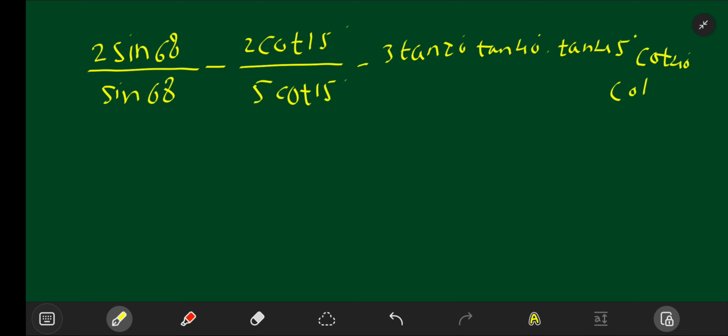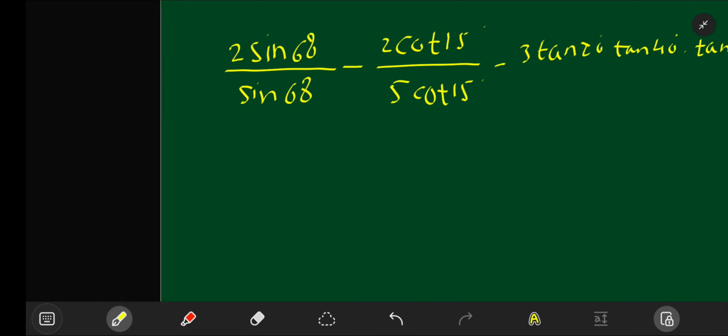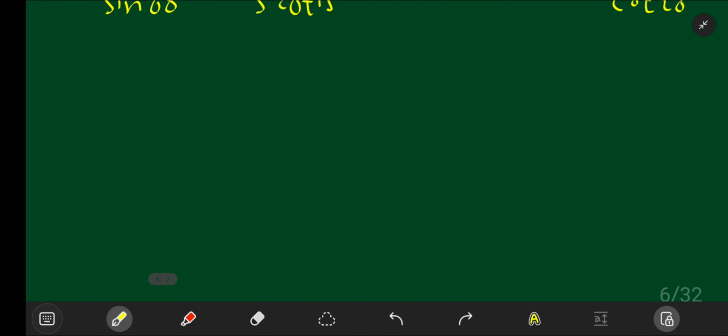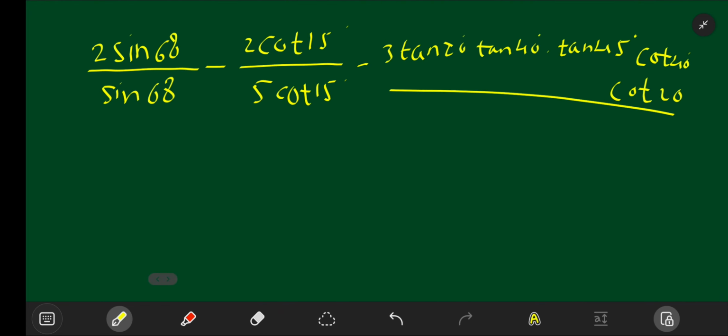Next, tan 90 minus 20 degrees, that is cot 20 degrees, divided by 5.